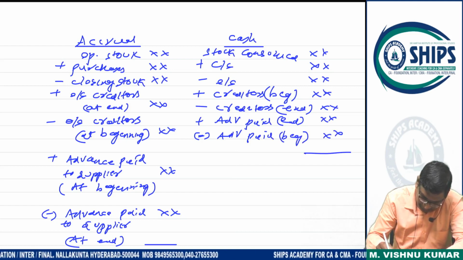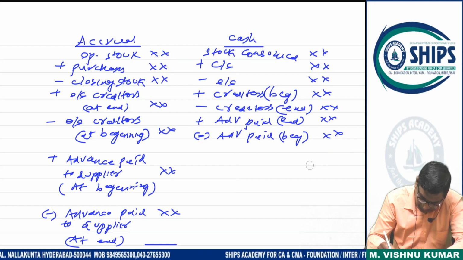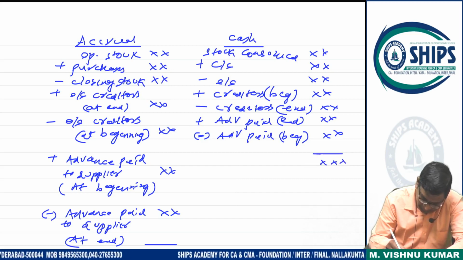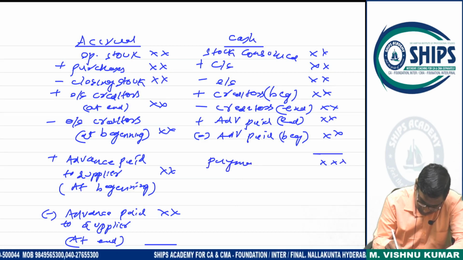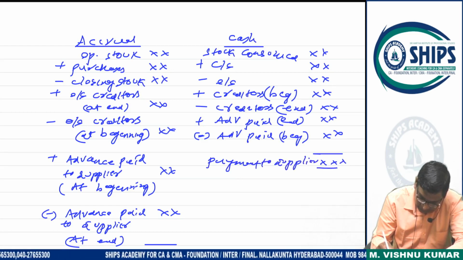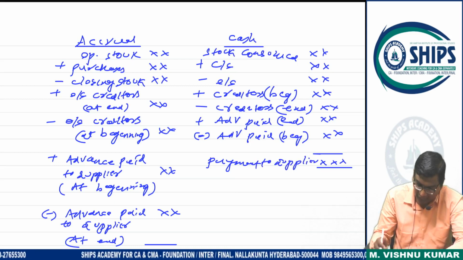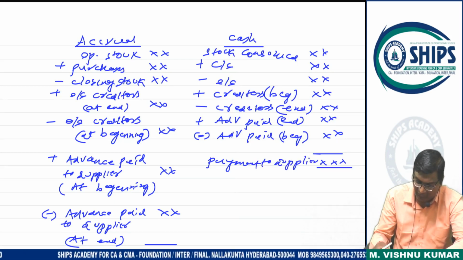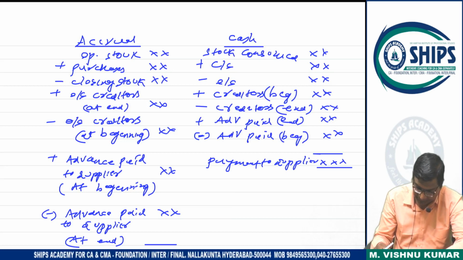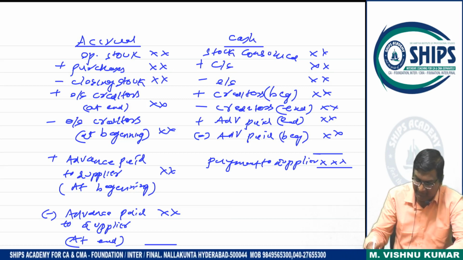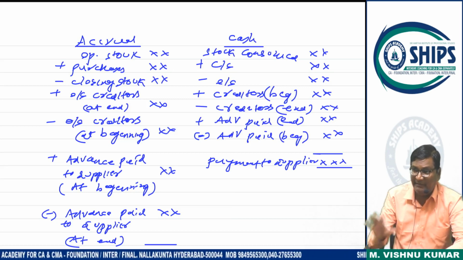So what will come? Amount paid to supplier will come. This is payment to supplier. While calculating payment to supplier, we have to check only what is the payment made in this year.